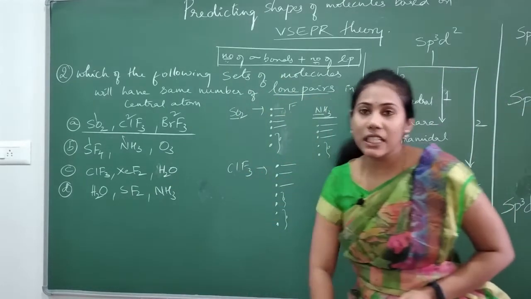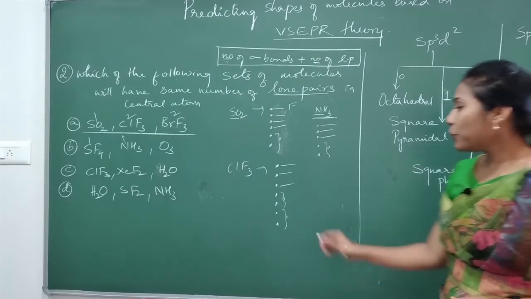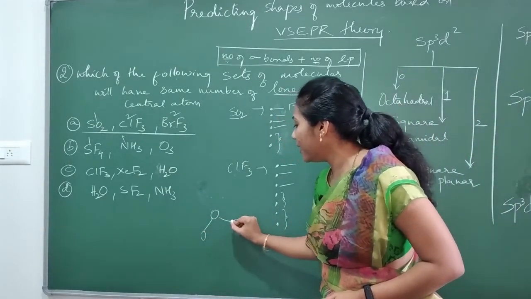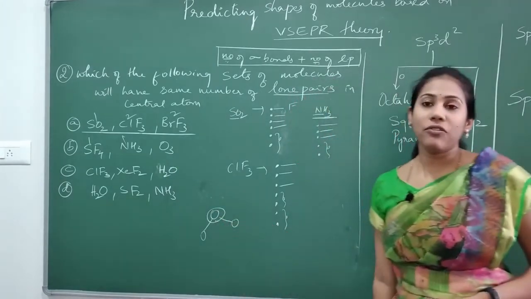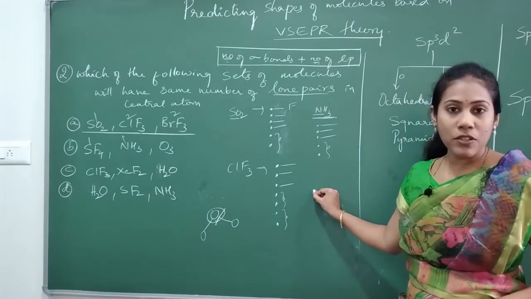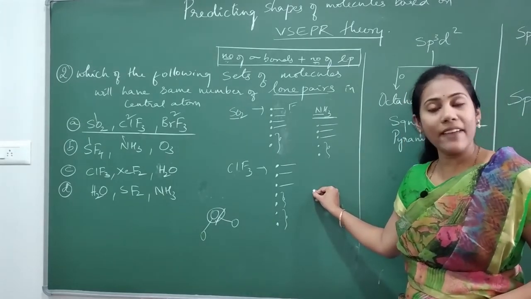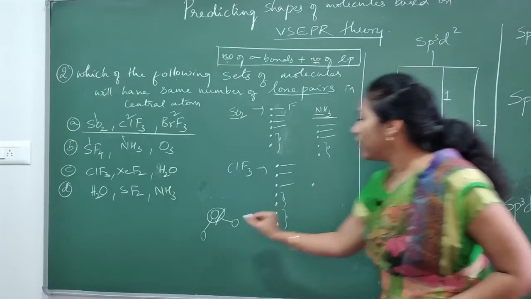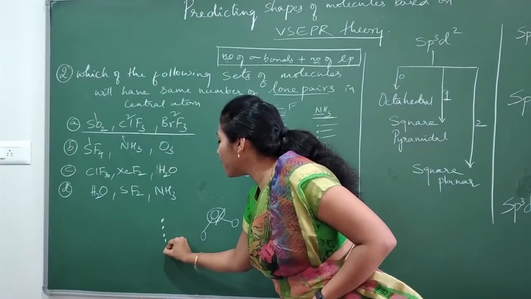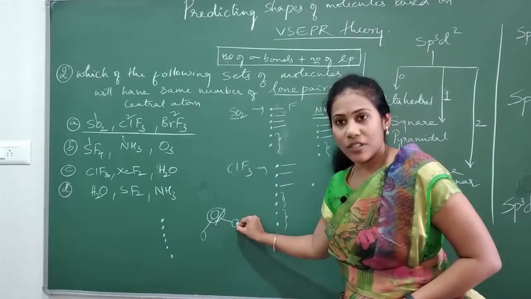And O3. So how do you work with O3? This is what the structure of O3 actually is. The central atom is oxygen itself. So oxygen belongs to the 16th group, so it's having 6 valence electrons, and 2 oxygens are there.